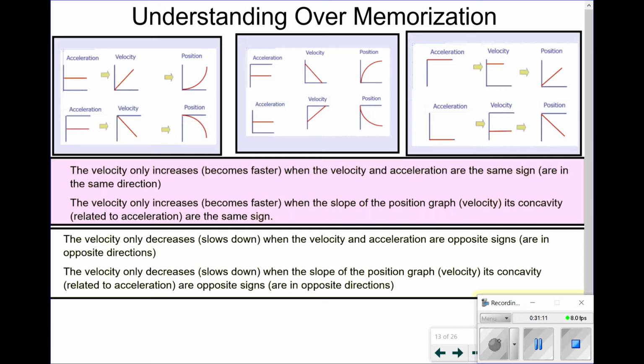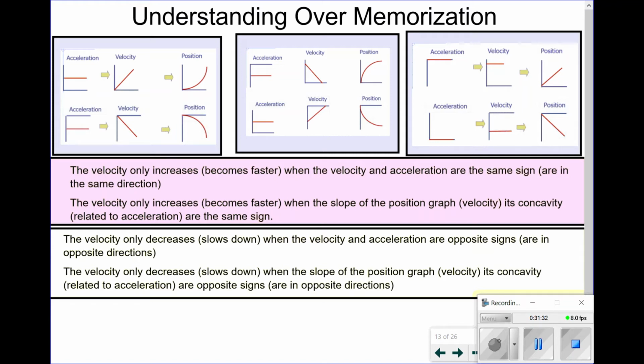This means that the velocity only increases, becomes faster, when the slope of the position versus time graph, which is the velocity, and its concavity, which represents acceleration, or I should say is related to acceleration, are the same sign, because that means they are in the same direction.